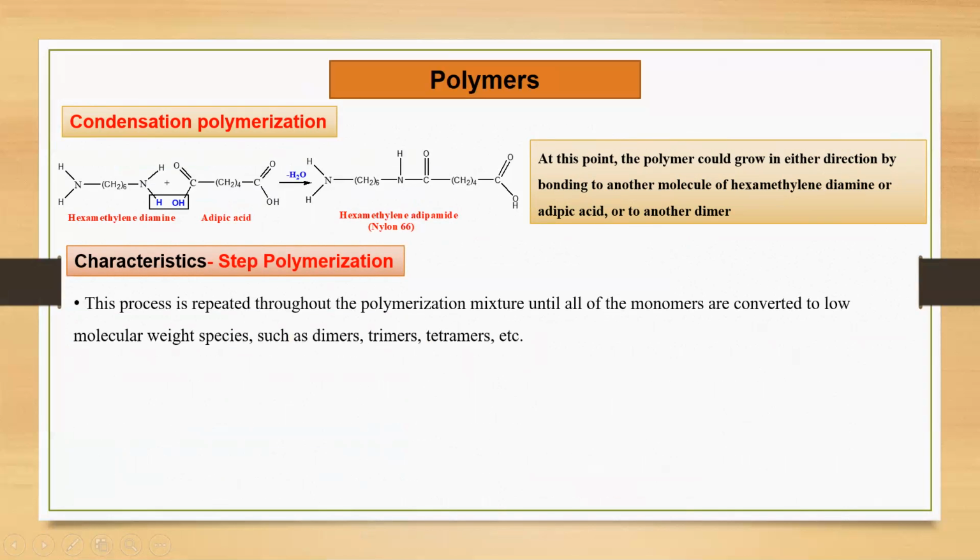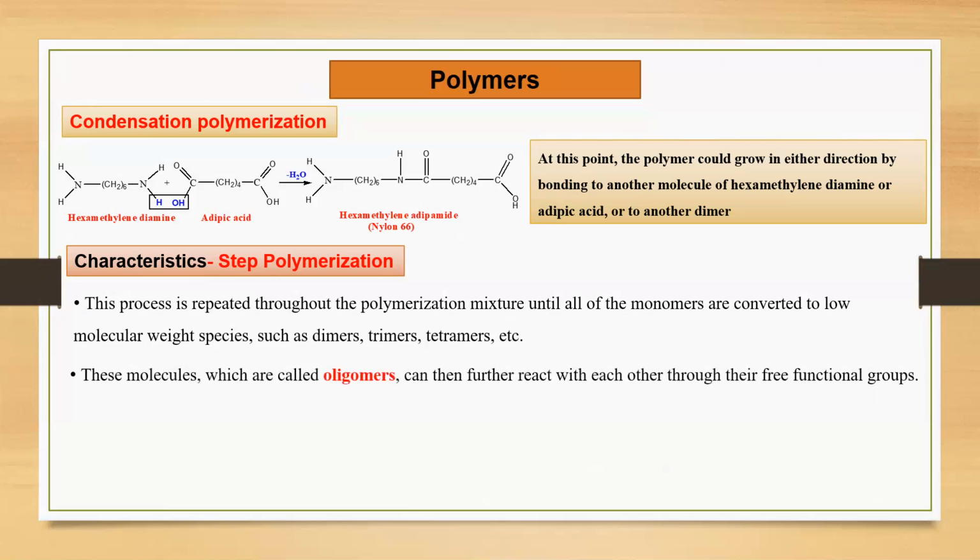Now a very important thing, that is the characteristics of step polymerization or condensation polymerization. This process is repeated throughout the polymerization mixture until all the monomers are converted to low molecular species such as dimers, trimers, tetramers, etc. That is, this process goes on until all the monomers are involved in the reaction and ultimately result in the formation of dimers, trimers, tetramers.